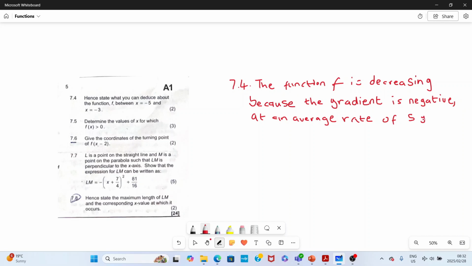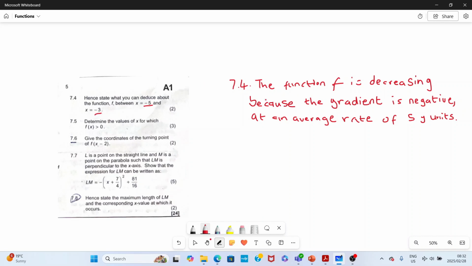In this case, I'll just say y units because we are not given the units. So that's the answer. That's the state of the function between the values of -5 and -3.